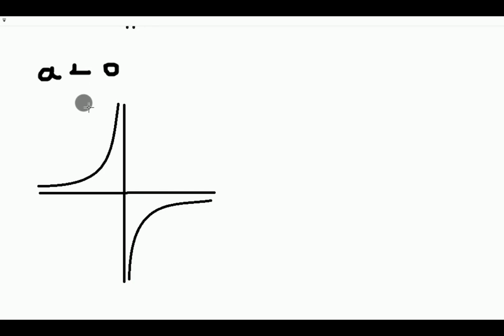Our function is going to lie on the second and the fourth quadrant, and our line of symmetry is going to be y is equal to minus x.